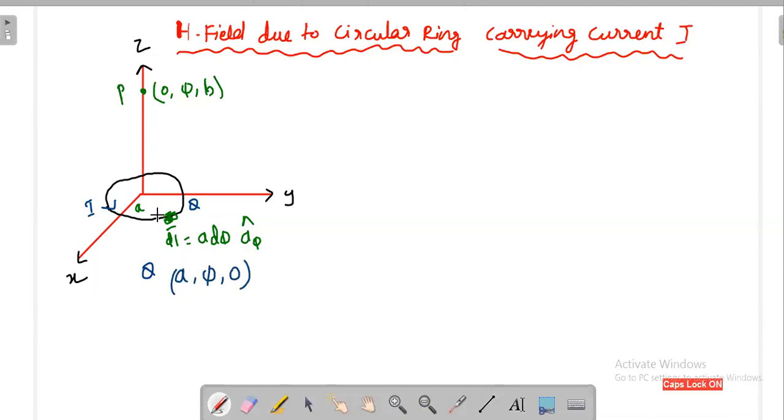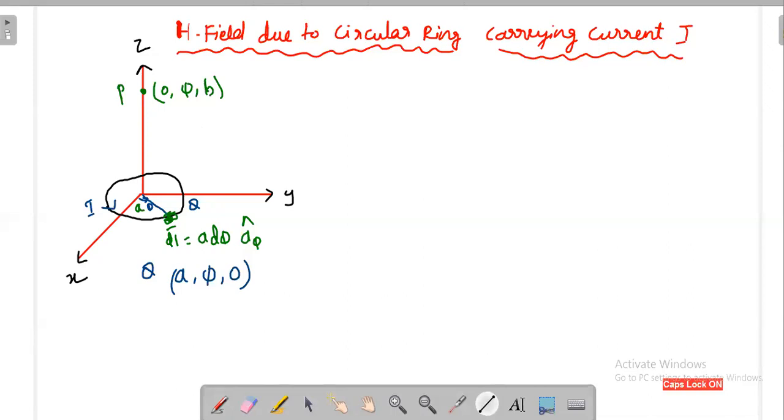Suppose I draw a line here, this will give you the value of phi. So Q is (a, phi, 0). What is the point P? (0, phi, B).